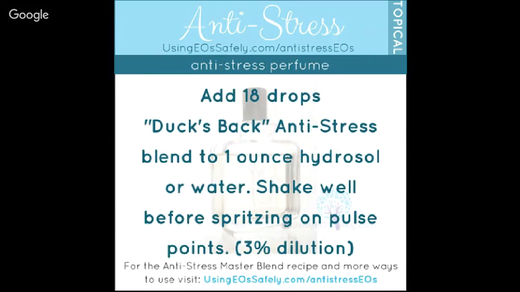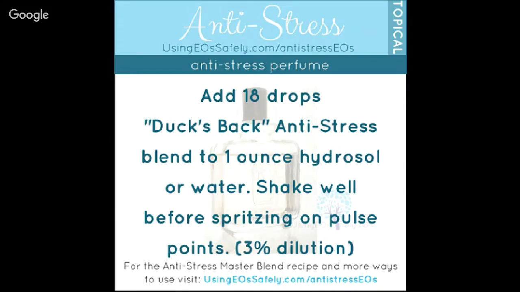Here's a recipe for a perfume. If you're adding the blend to a hydrosol or water, I highly recommend, if you use this method, you do choose a hydrosol. There's lots of different ones that you can choose from, really. Sandalwood or lavender.